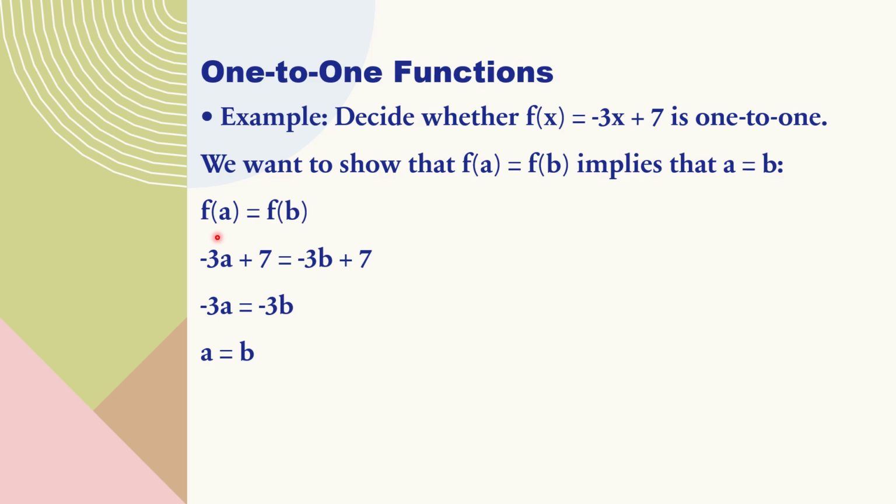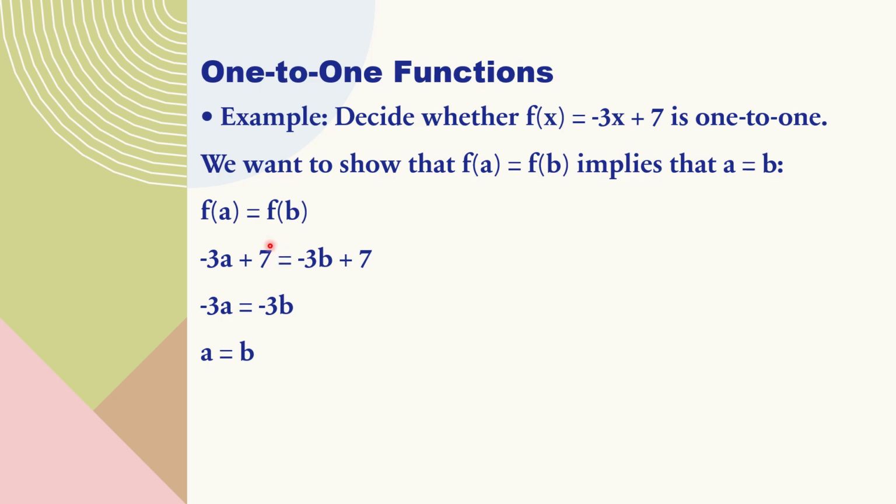So when we have x equal to a, f of a is minus 3a plus 7, and we will equate it with f of b. So what will be f of b? When we substitute x as b, we get minus 3b plus 7, and then we will solve this equation.